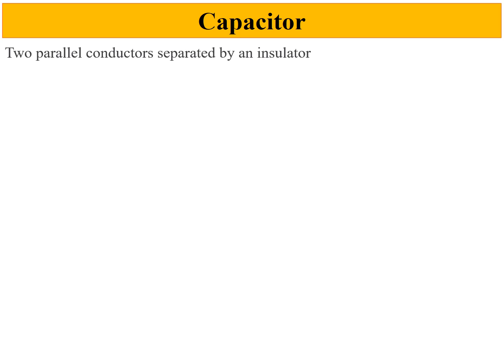Let us now work on the capacitor. Simply, as I told you in video 1, any capacitor can be built from two identical conductors carrying equal and opposite charges plus Q and minus Q, separated by a given distance, and this distance is filled with an insulator.